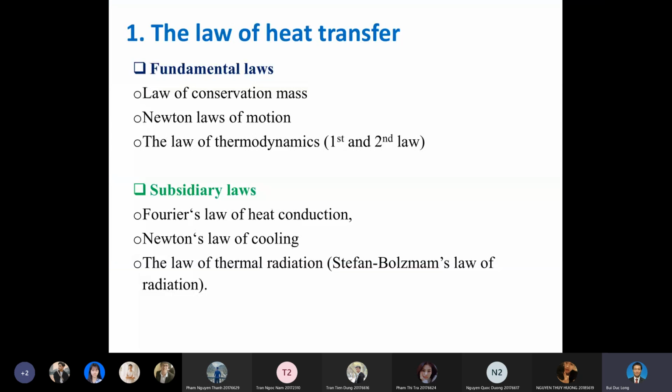Okay, so the next lecture, we will study some fundamental laws of heat transfer. It includes the law of conservation of mass, Newton's laws of motion, and also the laws of thermodynamics, the first and the second law.